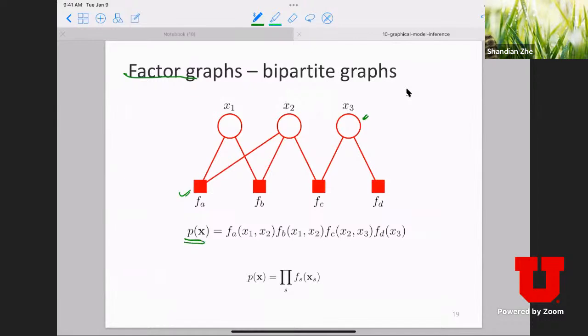That just means your joint probability of these three random variables is fa of x1, x2, where one factor node represents a function of the nodes that factor connects to. fa connects to x1, x2, so fa is a function of x1, x2. Then multiply fb, another function of x1, x2 as well, and the factor fc, a third function of x2, x3, and finally fd, a function of x3 only.